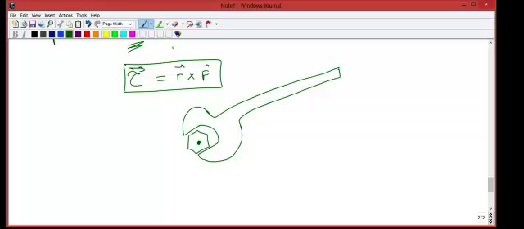This R is defined as a distance. It's not a radius. It's a distance between the axis of rotation and where this force is applied. So if you apply a force here, located at a distance R, are you going to create a rotation?